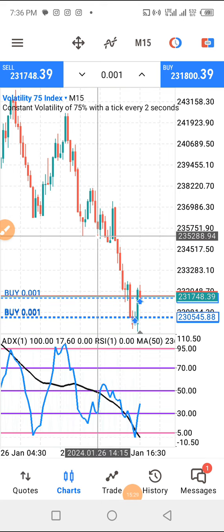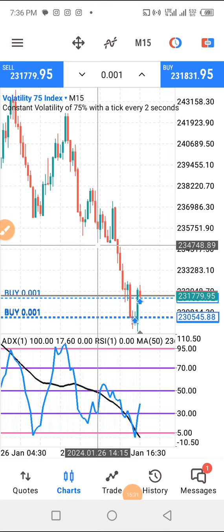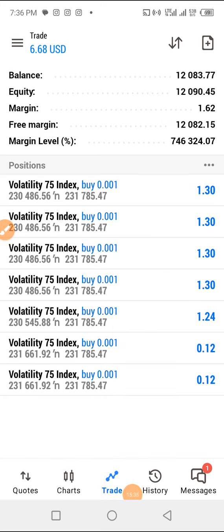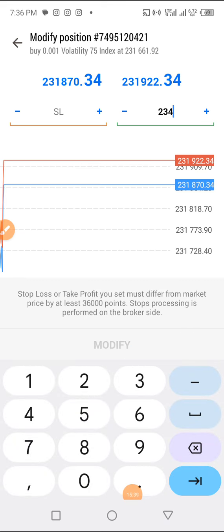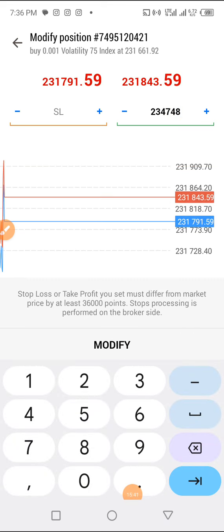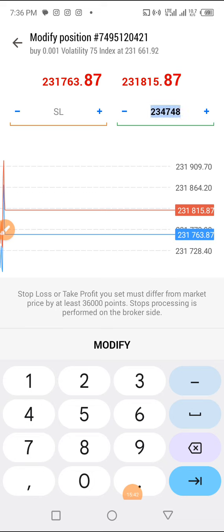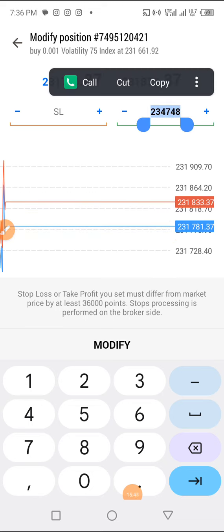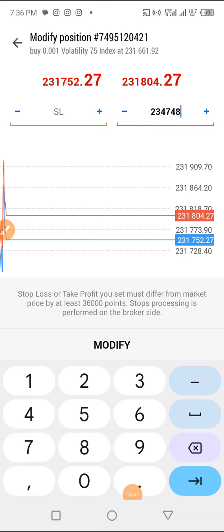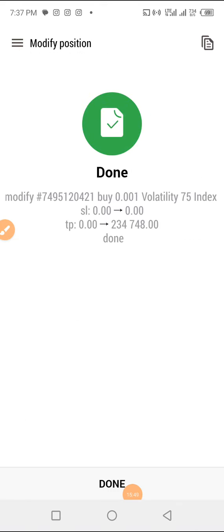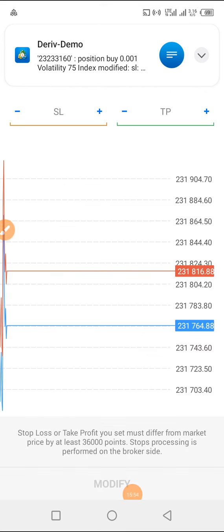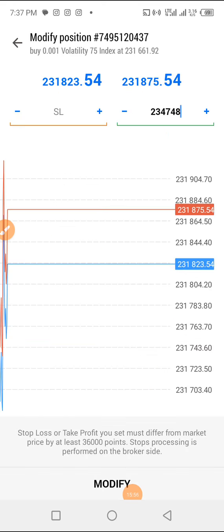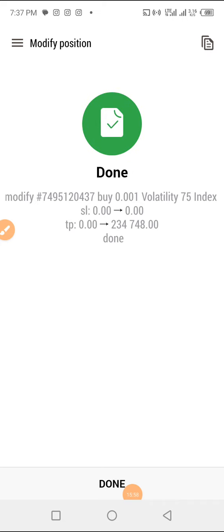It is 234748. So that is our TP, guys. You click copy, modify. Then you apply the same thing, paste also, modify.